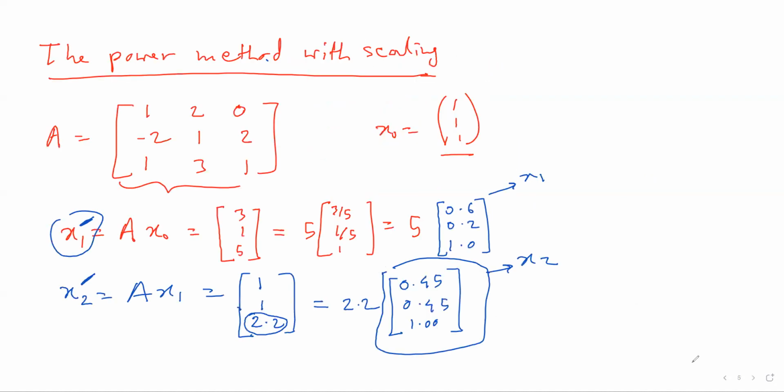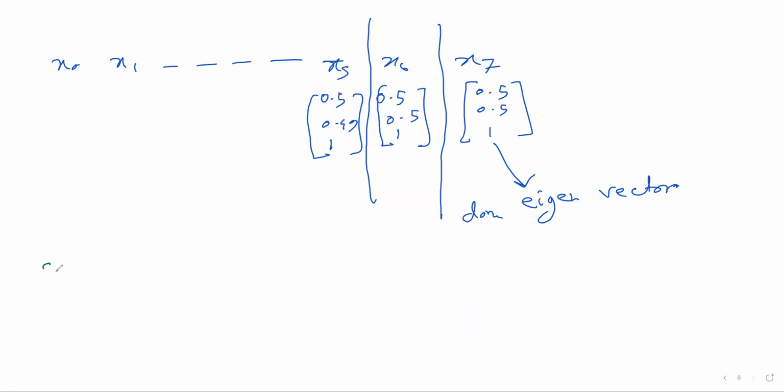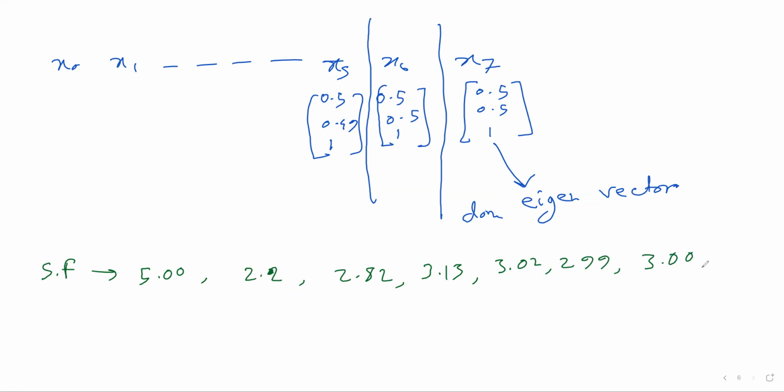But what advantage are we getting using this scaled version? What also happens during the process is, let me use another color. We have 5 here as the scaling factor. We have 2.2 here. If we keep going, then the scaling factors, let's write SF in short, of different iterations are 5.00 in the first iteration, 2.2 in the second, 2.82 in the third, 3.13 in the fourth, 3.02 in the fifth, 2.99 in the sixth, and 3.00 in the seventh.